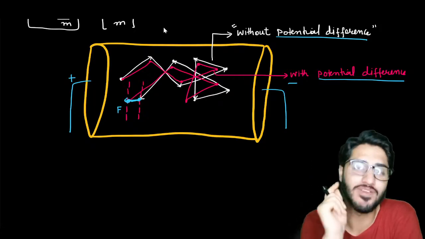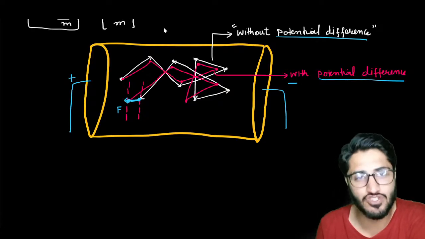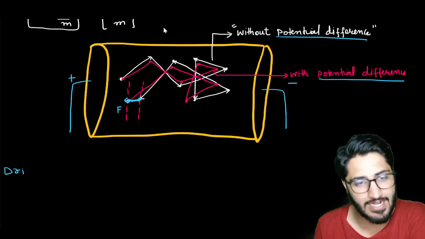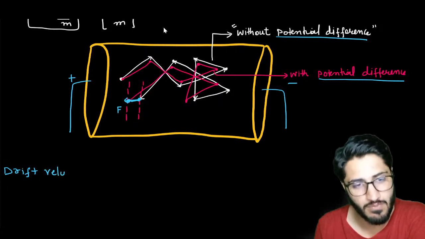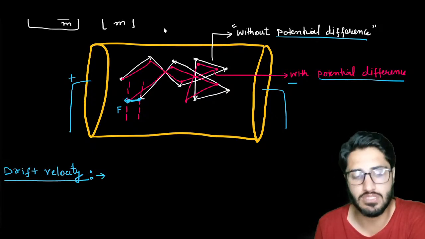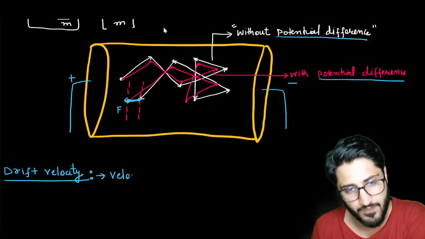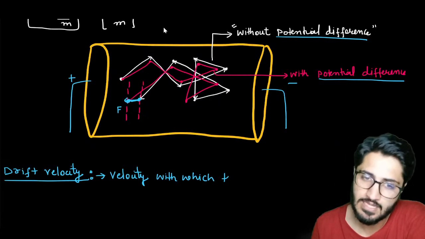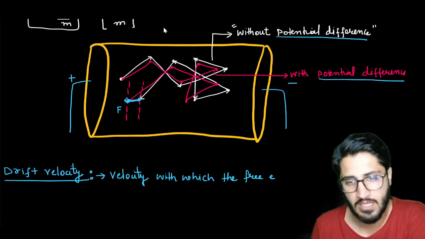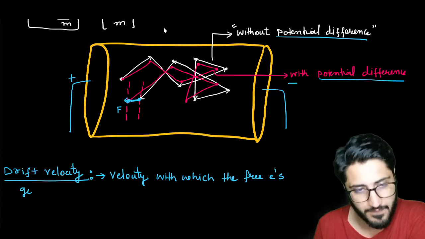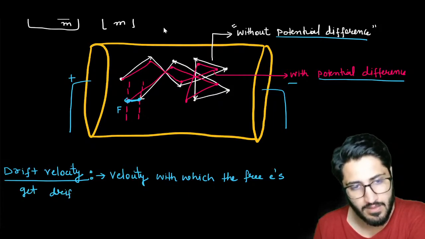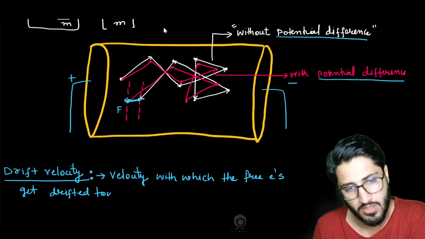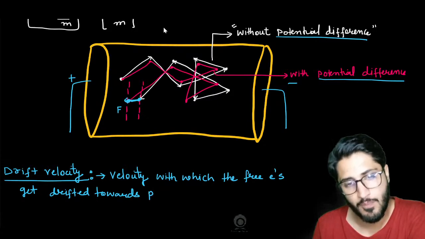So if I need to write the definition of drift velocity, I can write: velocity with which the free electrons get drifted towards the positive terminal.